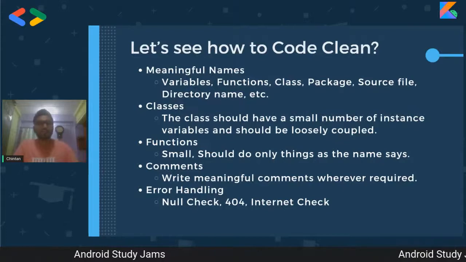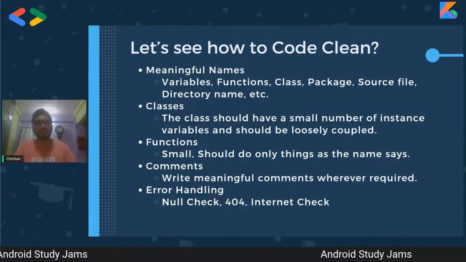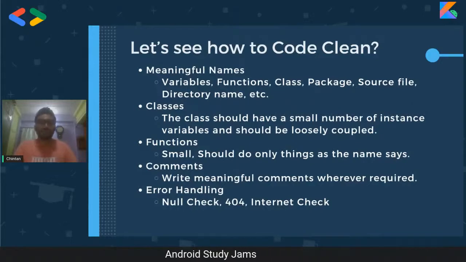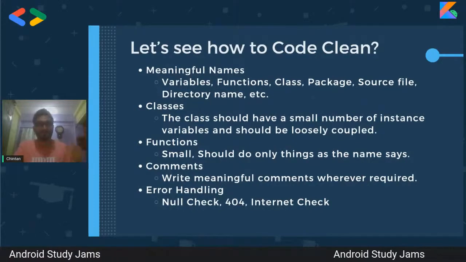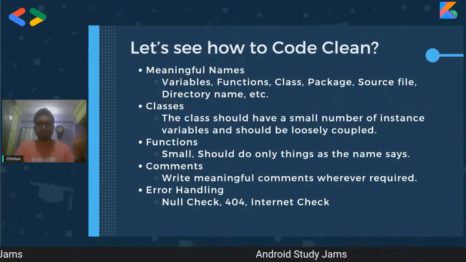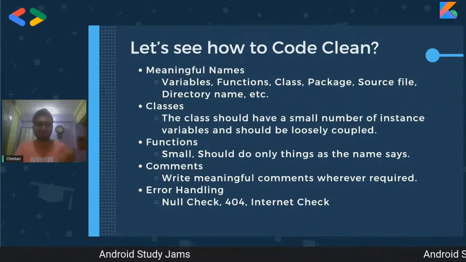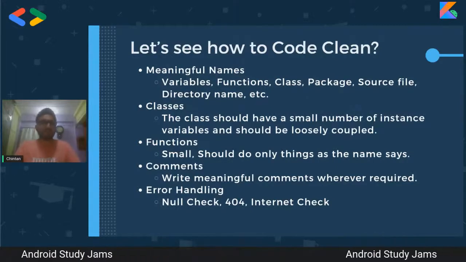So you wrote a class called check internet, and it has a static function like is connecting or something like that. You can structure them into packages, like structuring your activities into a UI package. Then you can structure your data classes in a model or data package.